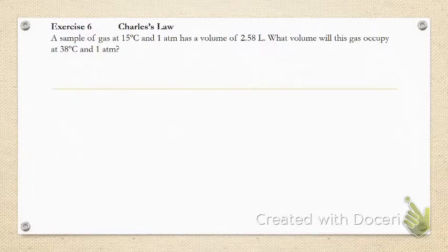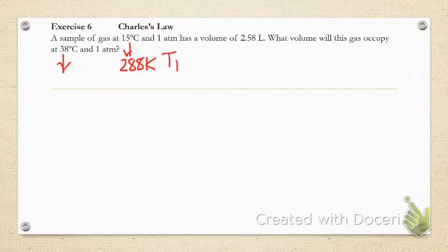let's label our stuff. We have a sample of gas at 15 degrees Celsius. Immediately put that into Kelvin so that you don't accidentally plug it in, and has a volume of 2.58 liters. What volume will this gas occupy at 38 degrees Celsius? So immediately let's put that.